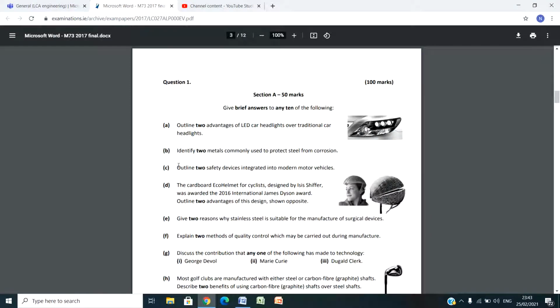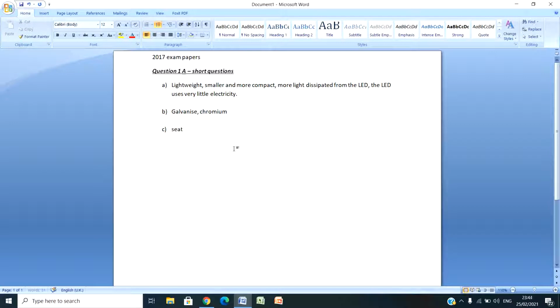Part C: outline 2 safety devices integrated into modern motor vehicles. So again, we've got seat belts, airbags, assistive braking technology, and reversing sensors.